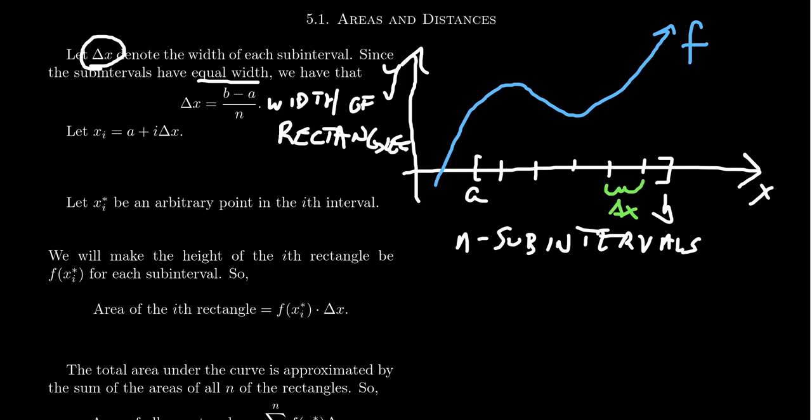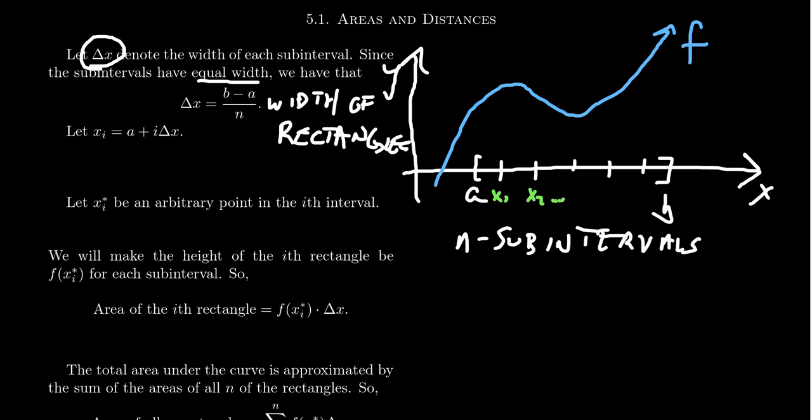The next thing to consider is that when we have these subdivisions, we're going to start labeling the marks along the line. We're going to have an x1, an x2, an x3, and we label these as we go along the way.